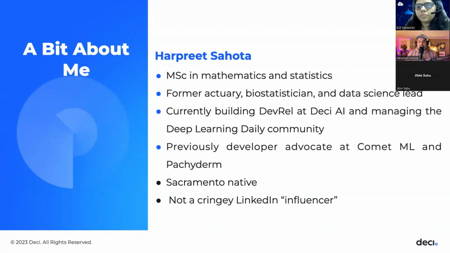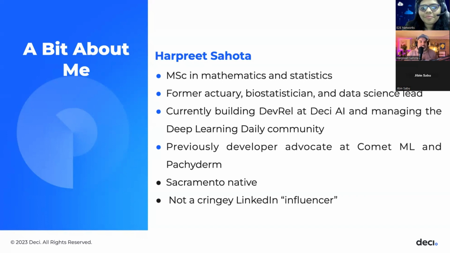A little bit about me. I've got a diverse background in all things quantitative. I graduated from graduate school a little over 10 years ago, and I studied math and statistics. Then I was an actuary for a while, took a bunch of actuarial exams. Then I realized that writing exams isn't what's going to get me paid. Took a detour, became a clinical trial statistician for about 5 years.